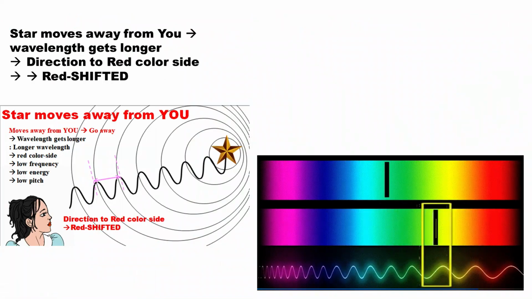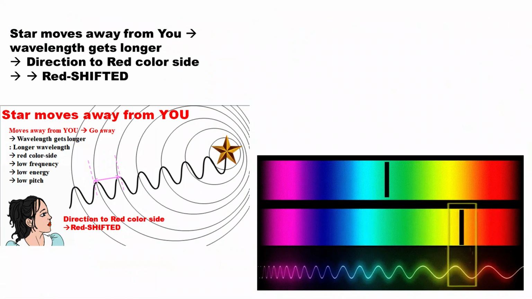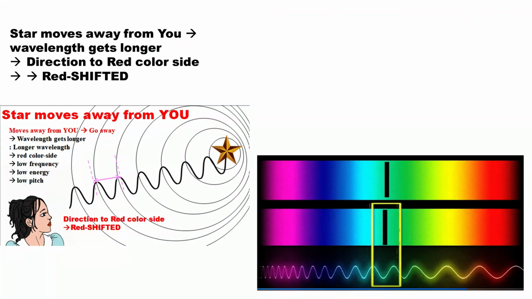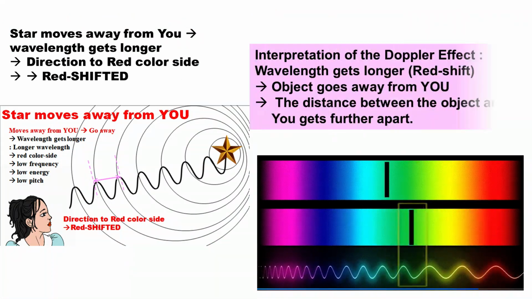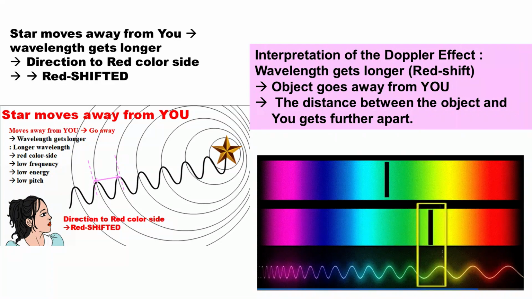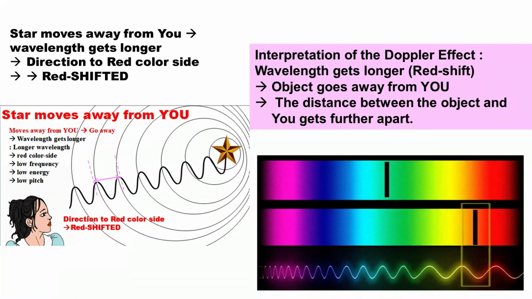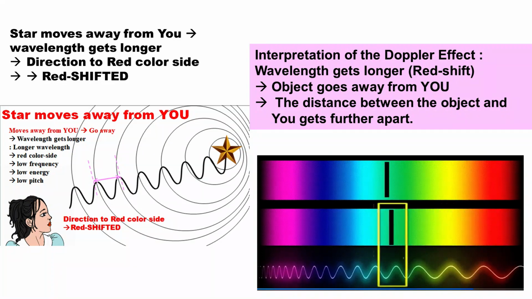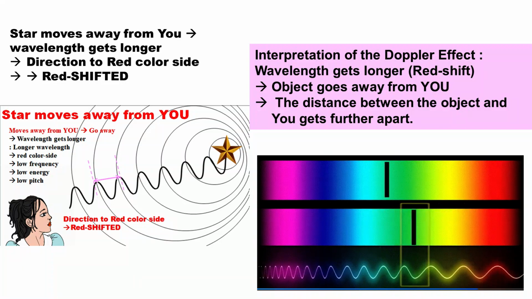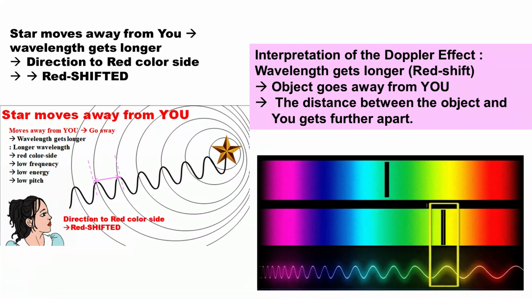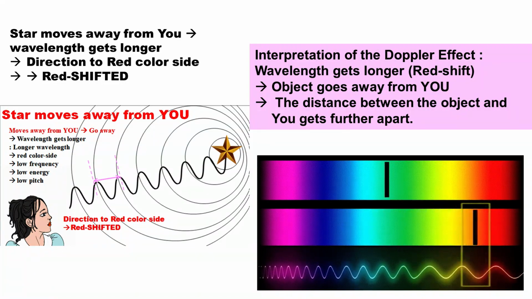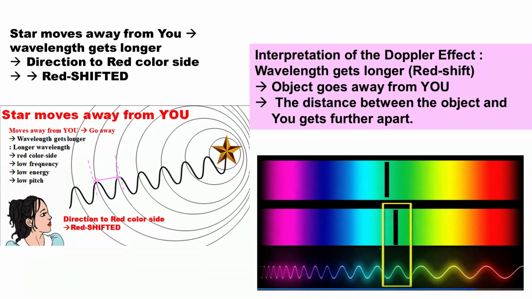The star moves away from you, the wavelength gets longer, in the direction of the red color side, red shifted. The interpretation of the Doppler effect: wavelength gets longer, red shifted, which means the object goes away from you. The distance between the object and you gets further apart.